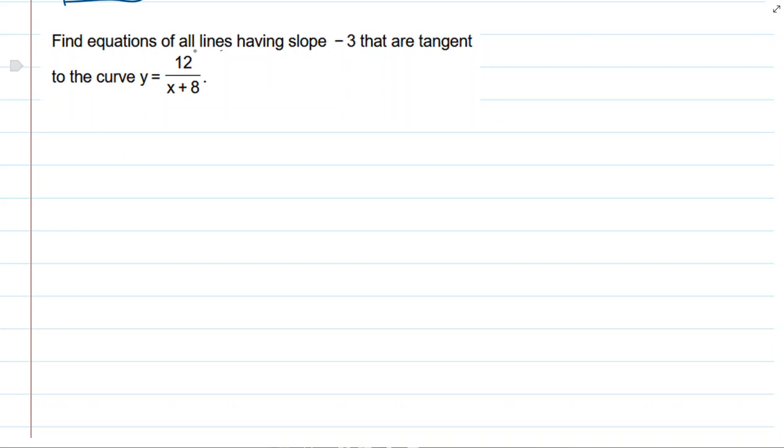Find the equation of all lines having a slope of -3. Okay, we know because this is a rational function, it might occur in several places. Here we're given the slope is -3. And then we need the points.